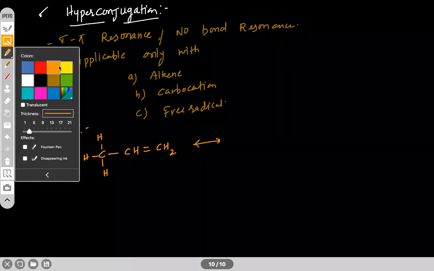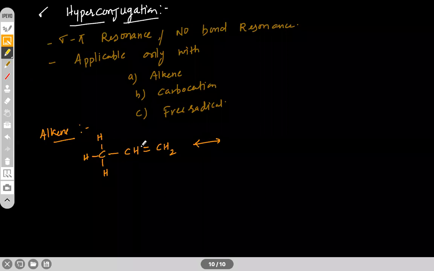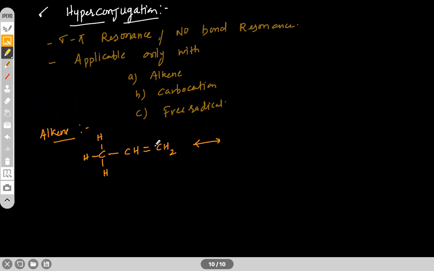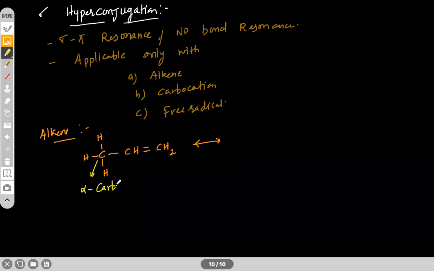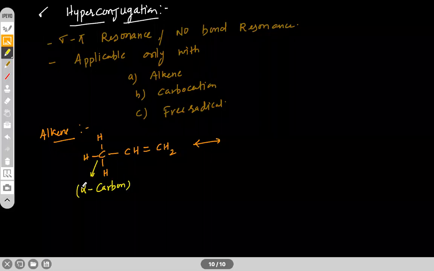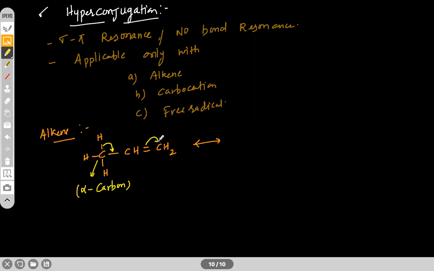This bond pair, which is present here at the adjacent carbon of the double bonded carbon. Double bonded carbon is this. Adjacent carbon is this. So this carbon, we also call it as alpha carbon. From alpha carbon, this sigma electron comes over here, and this pi electron jumps onto this carbon.